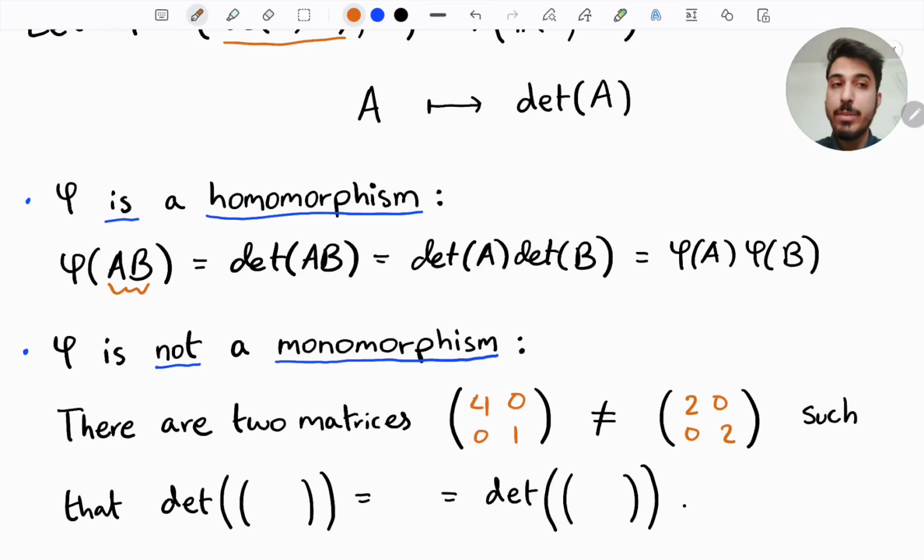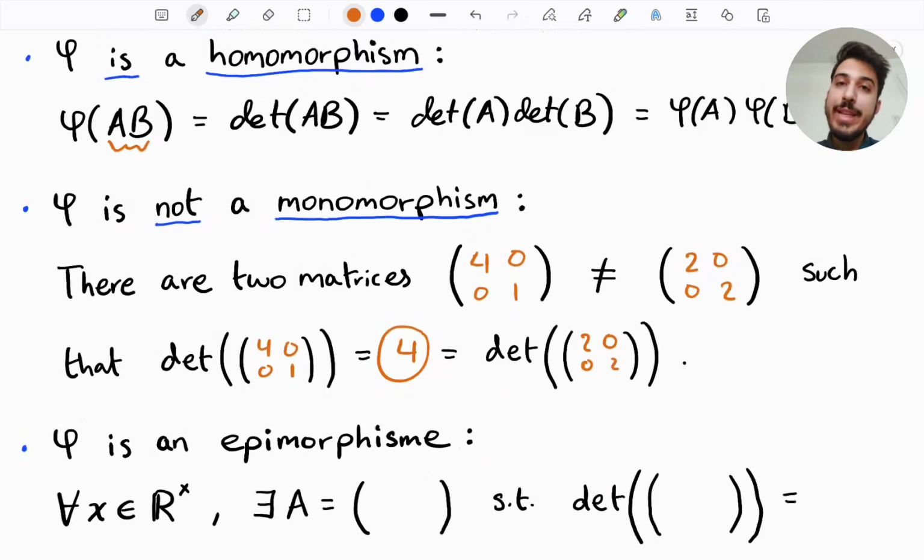When you take the determinant of both, you find that the determinant of both is equal to 4. So the image is the same, but the two elements in the domain are different. Therefore, phi is not a monomorphism.